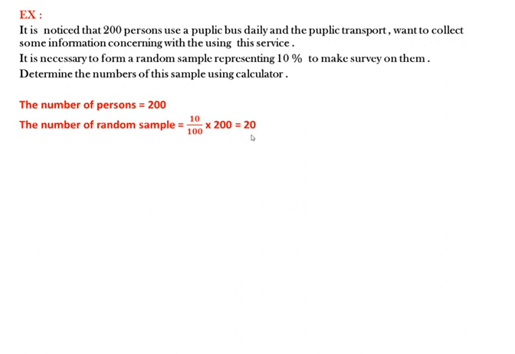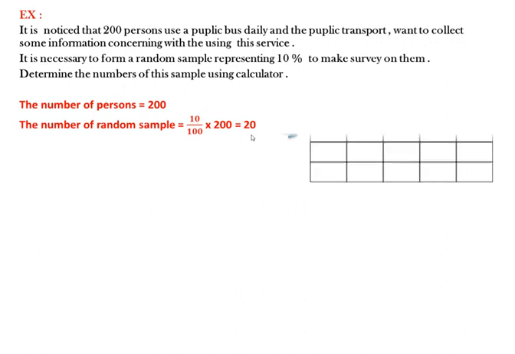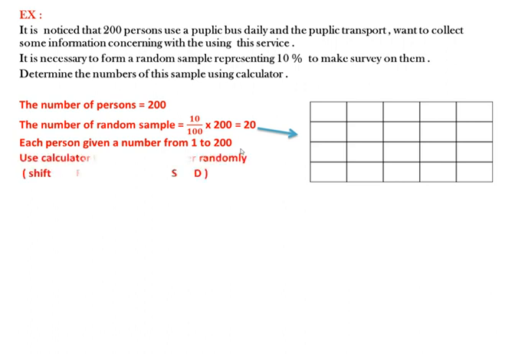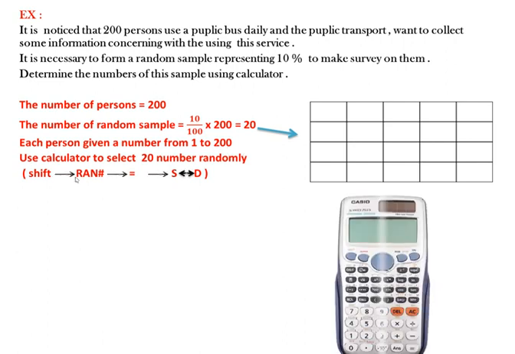Then we must make a table containing 20 numbers. How to get these numbers? At the first, each person is given a number from 1 to 200, then use the calculator to select 20 numbers randomly by pressing shift, ran, equal, then S-D to convert into a decimal number.